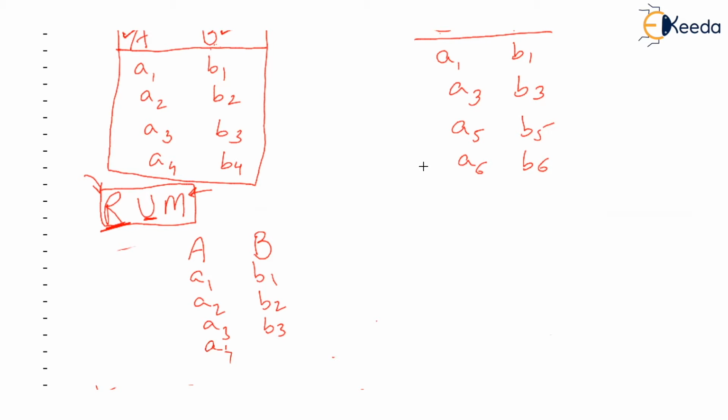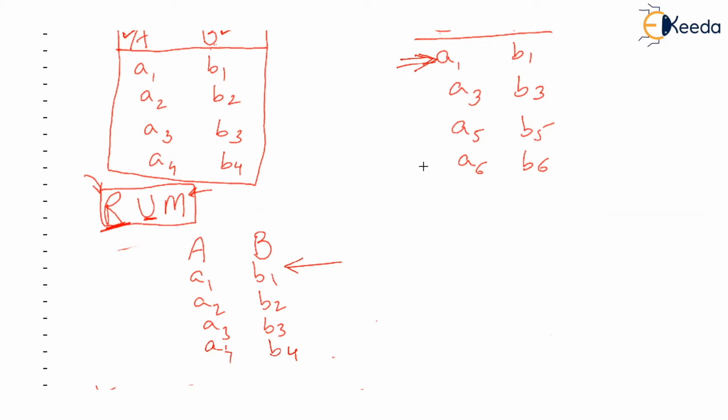Now, if we are doing R union M, then from this M table, we will take the rows from the other table also. Now you watch that the M table has a row A1, B1, but A1, B1 is already added in our result. And as you know, we are doing set operations and set operations cannot have duplicates. So A1, B1 will be added only once in our result.